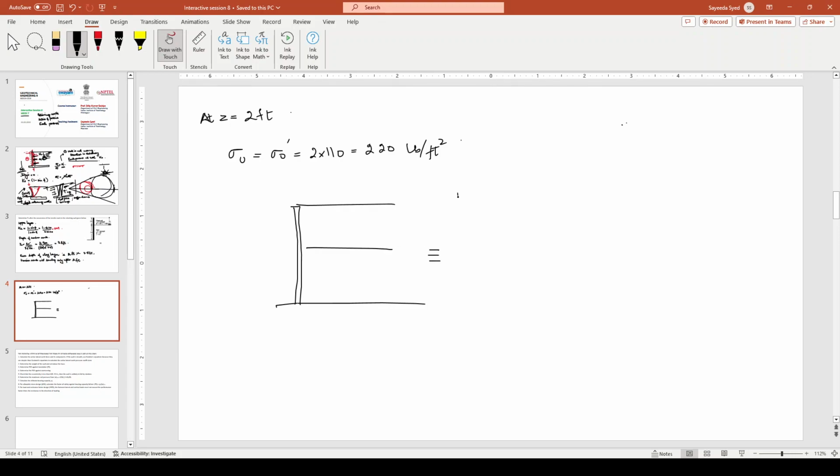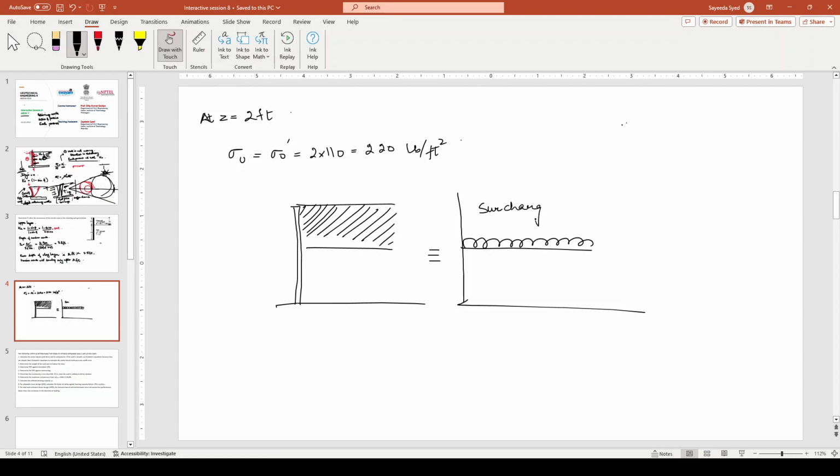So we convert this into a UDL or surcharge. If it is H and gamma, we will have a surcharge load over our main soil, which is here.